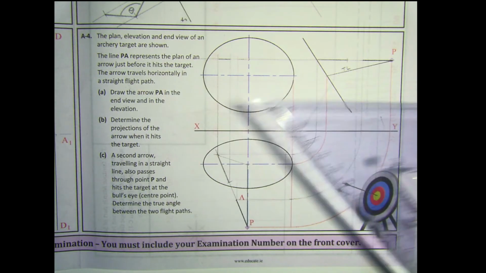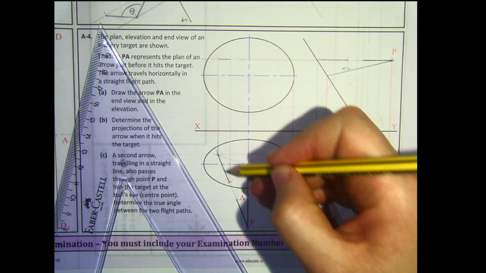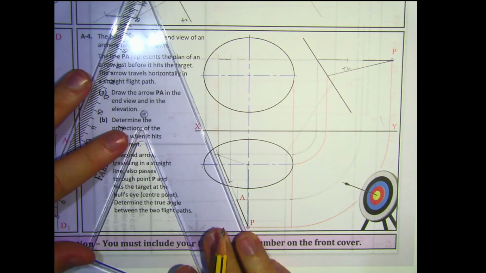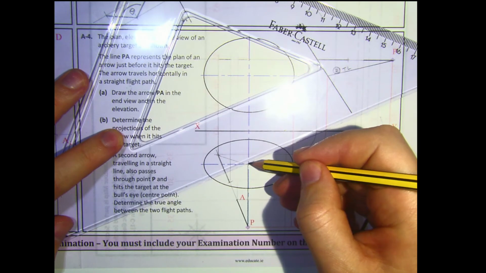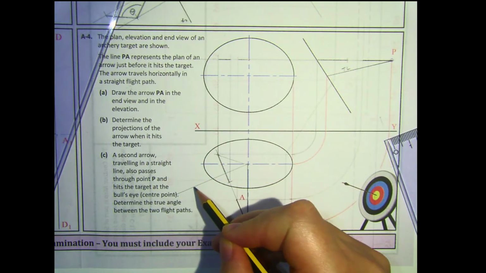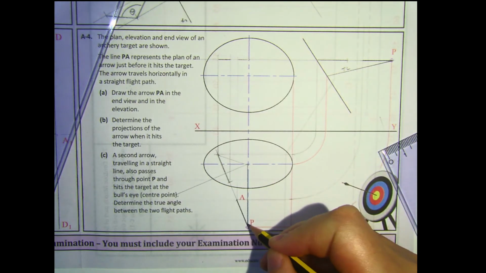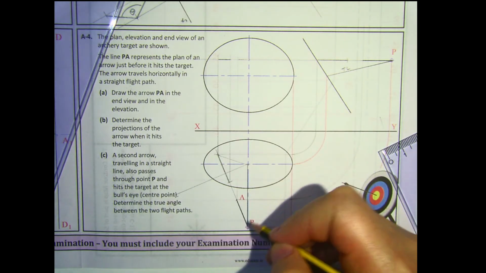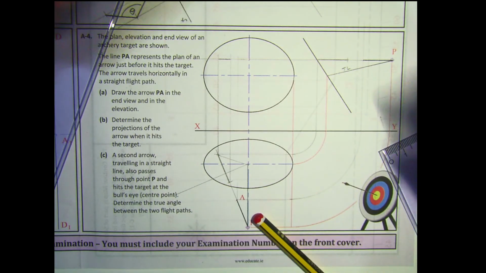So what we need to do is rotate around this line. Taking this, we're going to go perpendicular to it, and our bullseye point is going to move perpendicular to it, just like all rotations. How we find out where this is out here is, because this is a true length up here, the equivalent of this line here, that's a true length. In the end view, we can measure that distance.